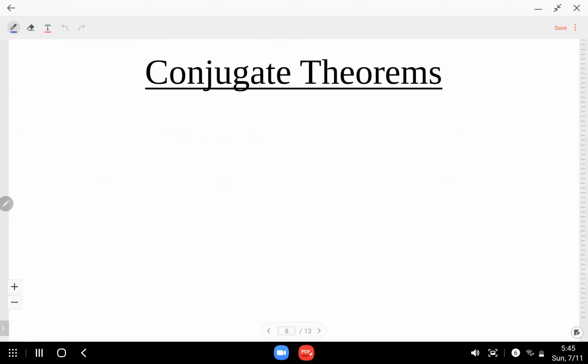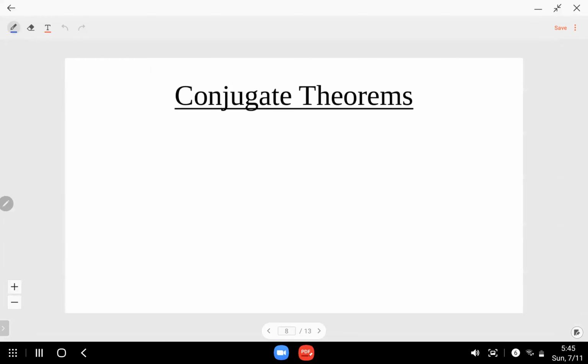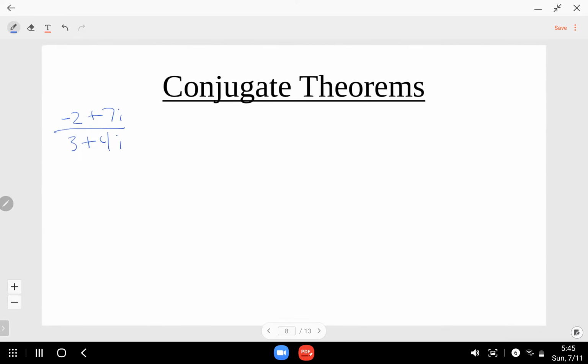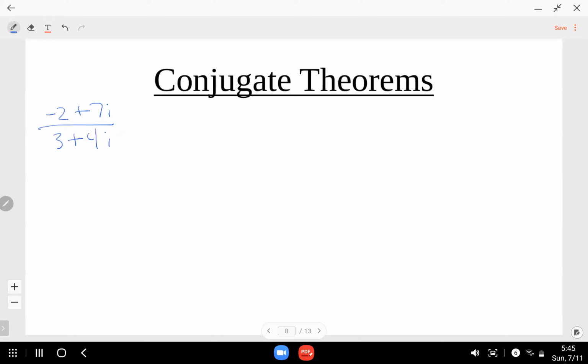So what is a conjugate? Let's say we have negative 2 plus 7i over 3 plus 4i. When we're simplifying, we can't have a complex number in the denominator. So what we need to do is multiply by the conjugate, which is just reversing this sign.